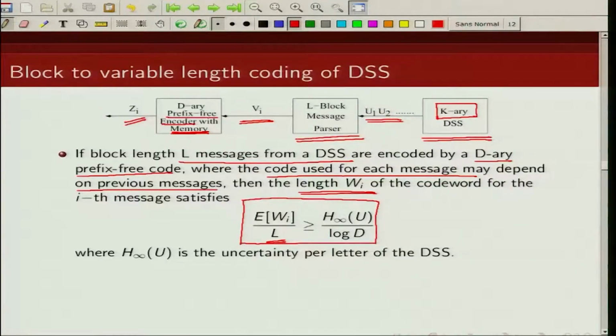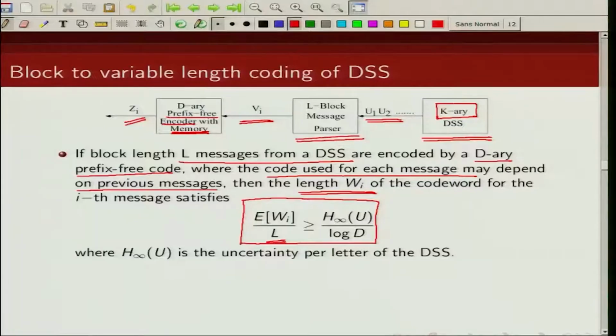So we have already seen this in the context of a discrete memoryless source, and we have seen that the minimum number of bits per letter in the case of a discrete memoryless source is related to the entropy of the source. We are going to show that for a discrete stationary source, this expected code word length divided by the block length L is lower bounded by the entropy rate. So let us prove this.